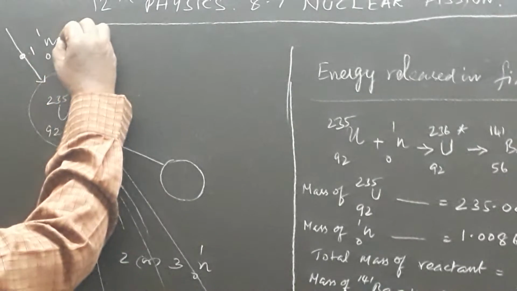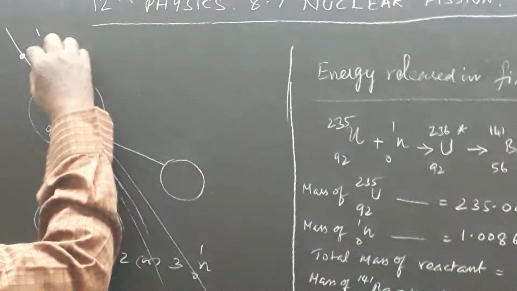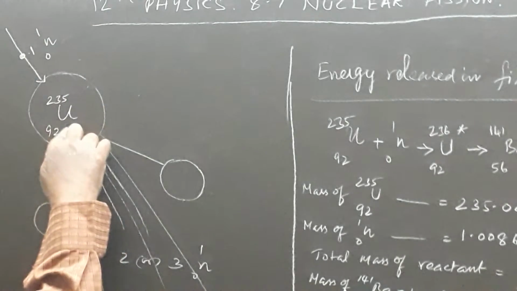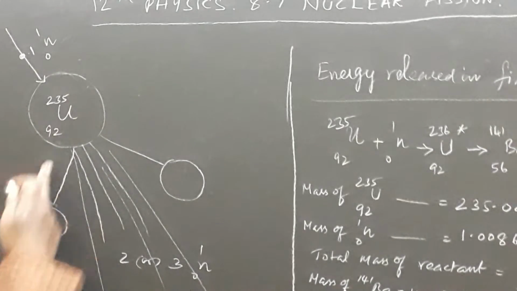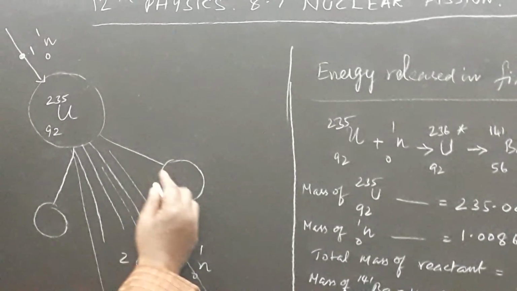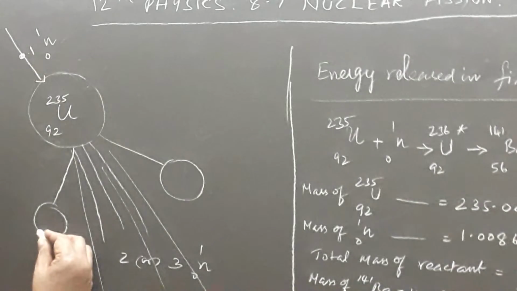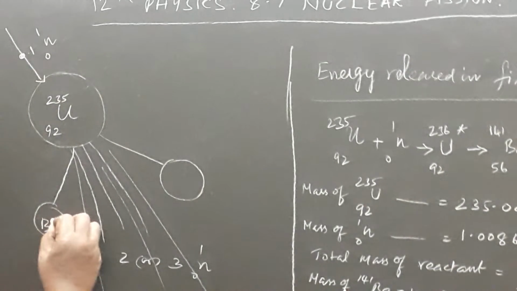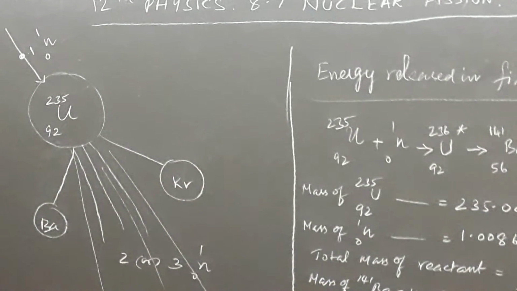Neutron is an energetic particle. Whenever it hits the nucleus of uranium 92-235, it may split into two smaller nuclei having almost equal masses, like barium and krypton.